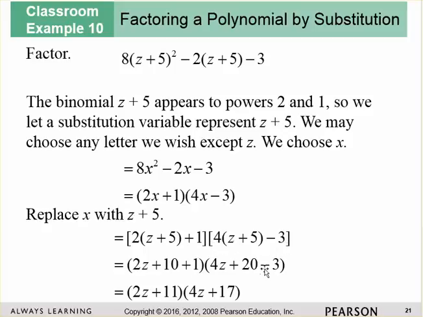Distribute and collect like terms, and you'll see that we've got 2z plus 10 plus 1 is 11, and 4z plus 20 minus 3 is 17, and there is your factored trinomial. Whew, that's a tough one.